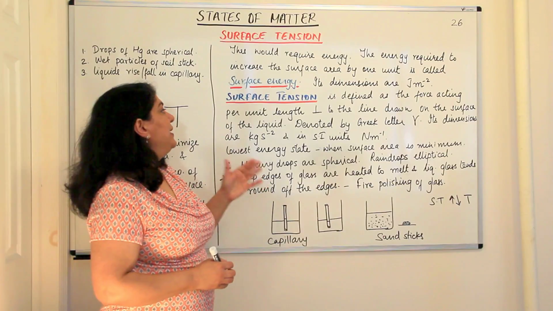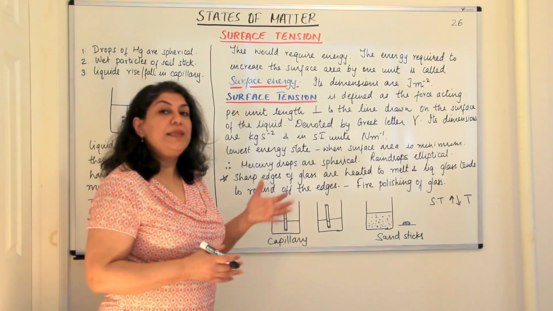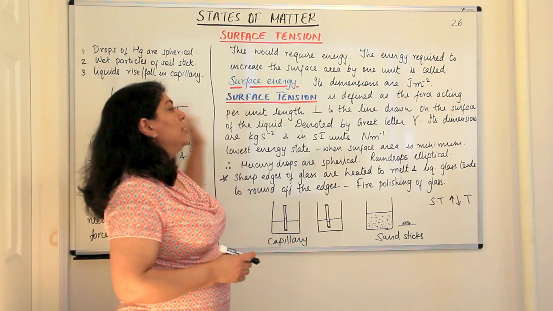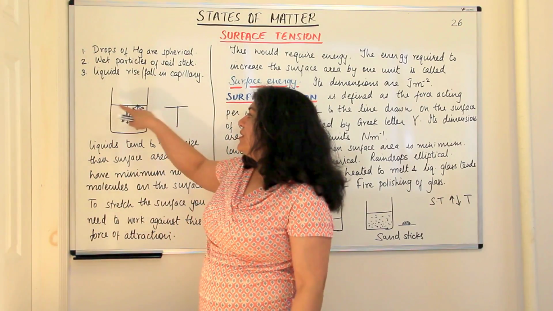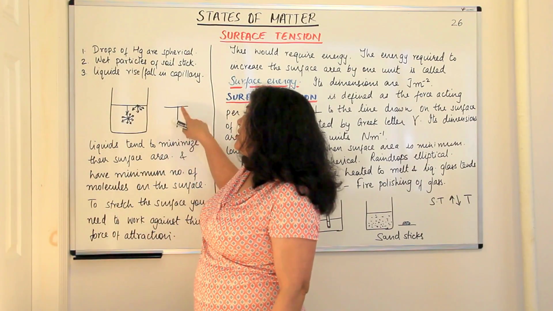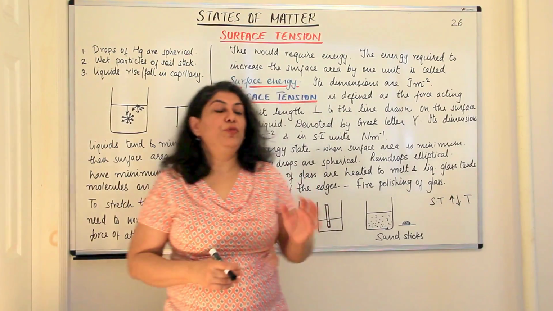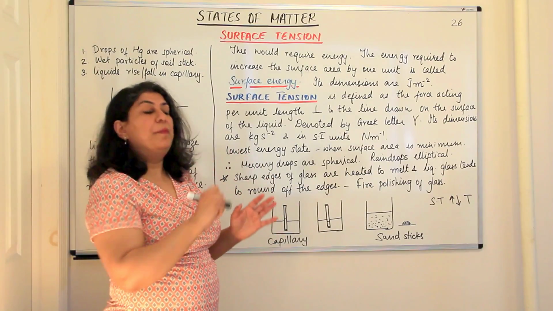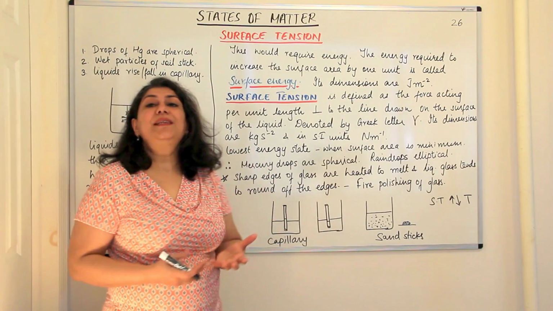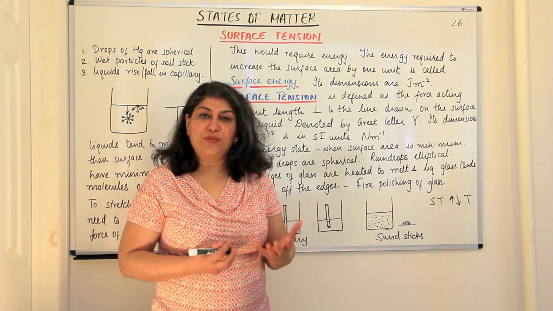Surface tension is defined as the force acting per unit length perpendicular to the line drawn on the surface of the liquid. If I drew a line on the surface of the liquid, the force perpendicular to this would be surface tension. It is represented by a Greek letter gamma. And what would be the dimensions of surface tension?